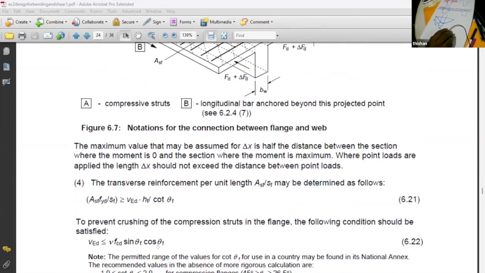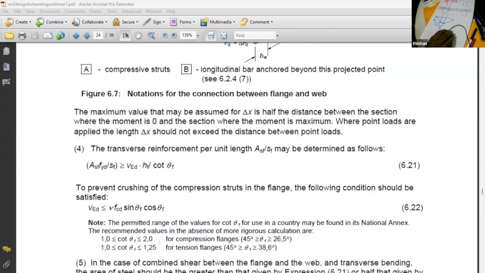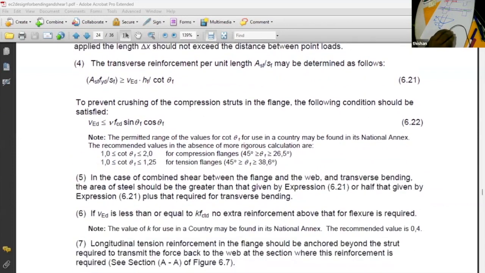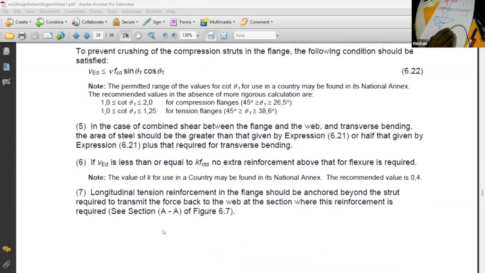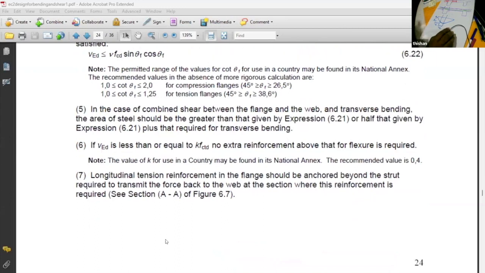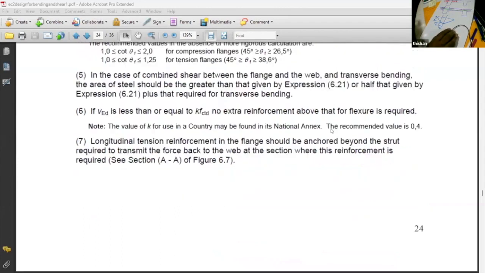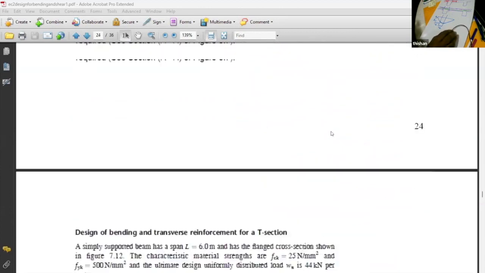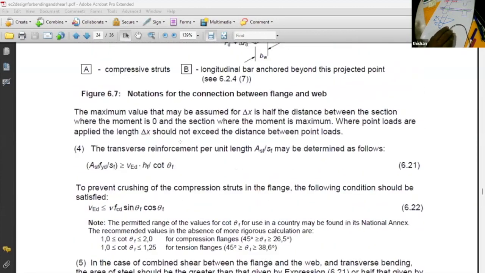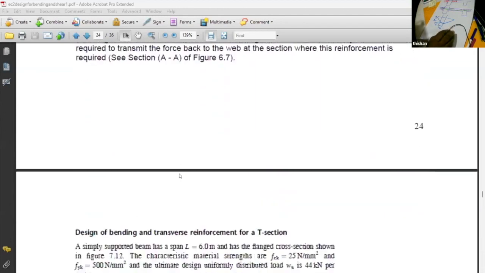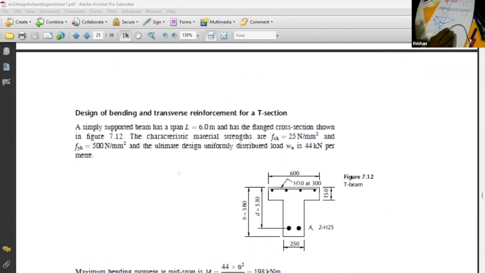And the minimum angle will be 26.5. So then it talks about equation 6.21. And that is this equation. So this example is given.